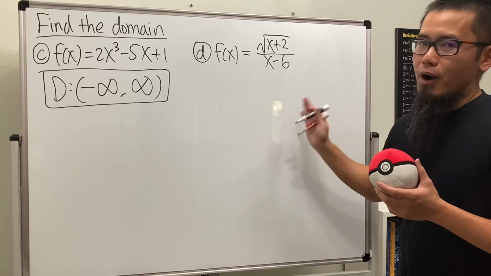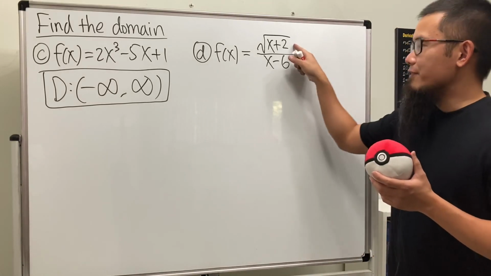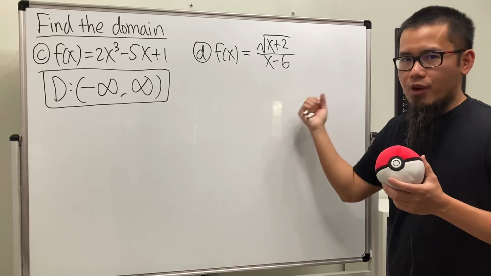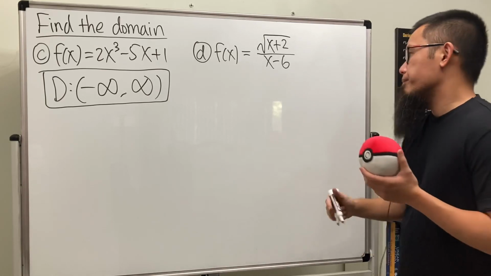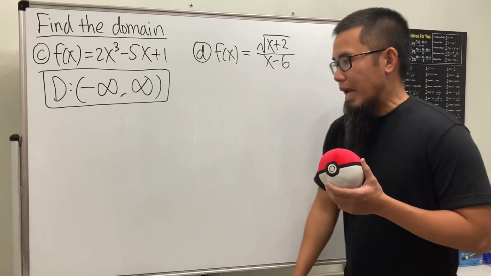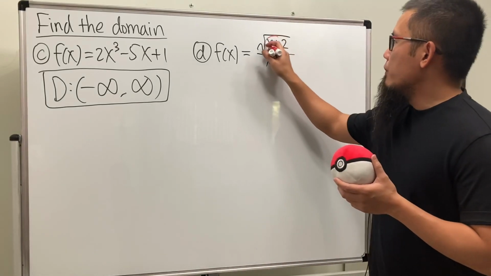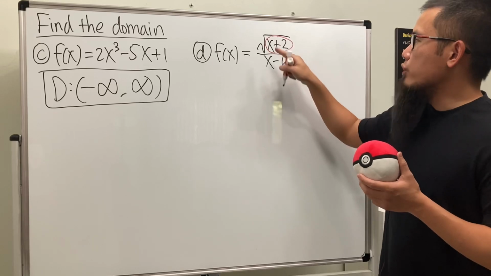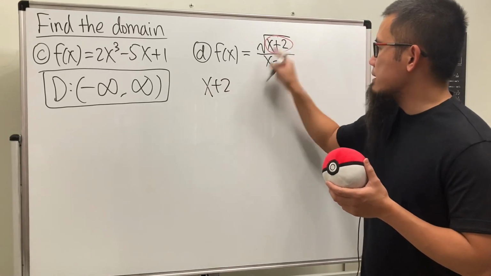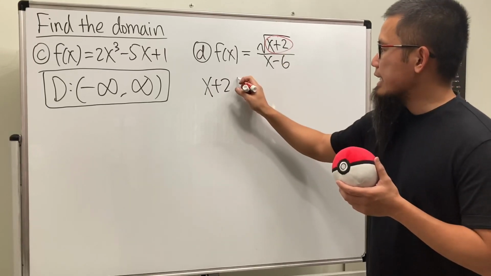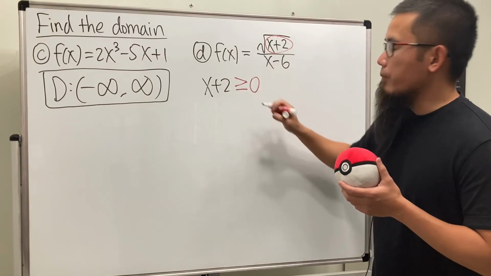But if you look at part D, well, we do have both the square root and also the fraction. We just have to make sure the things that we were talking about earlier both happen, right? First, when you have an expression inside of the square root, we will have to make sure that x plus 2, that's the inside, has to be greater than or equal to 0.